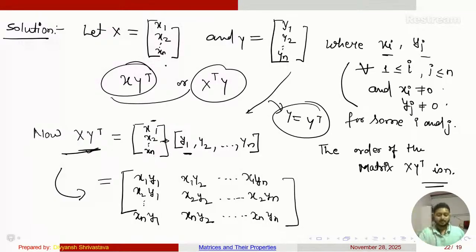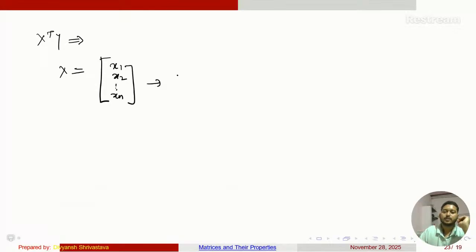Now come to the next topic, which is basically x transpose y. x transpose is nothing but, when we take x with entries x1, x2, ... xn, its transpose is interchanged into row form.